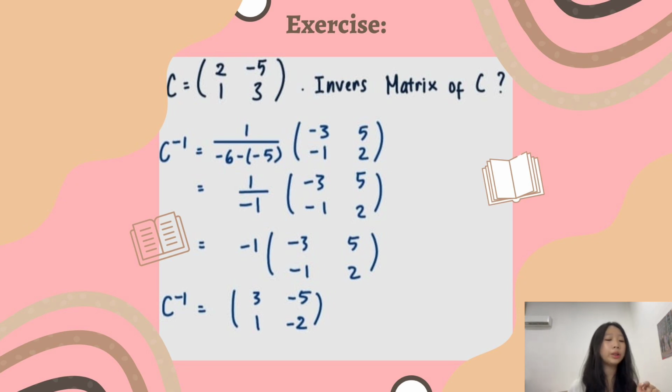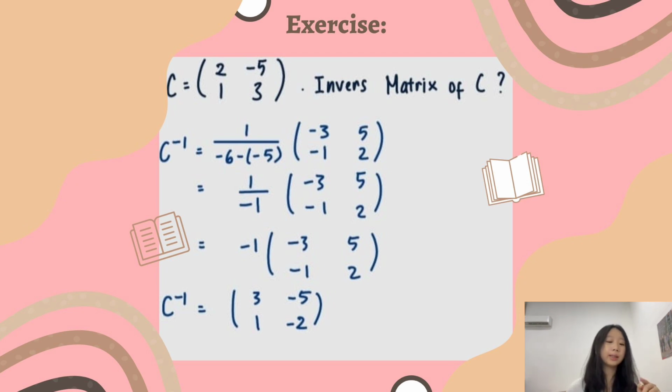It equals 1 over the determinant of C, where the determinant is the main diagonal minus the side diagonal, times the matrix where we switch A and D, and negate B and C. So C to the power of -1 equals 1 over the main diagonal: -3 times 2, which is -6, minus -5 times 1, which is -1.